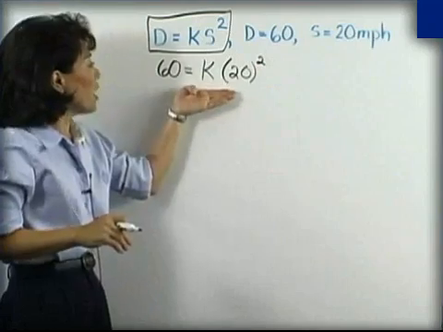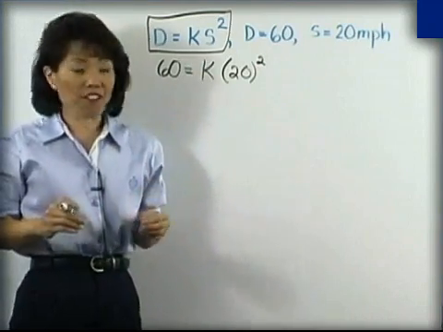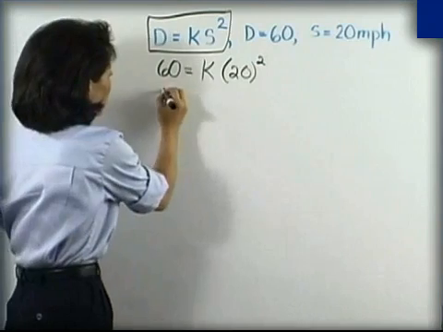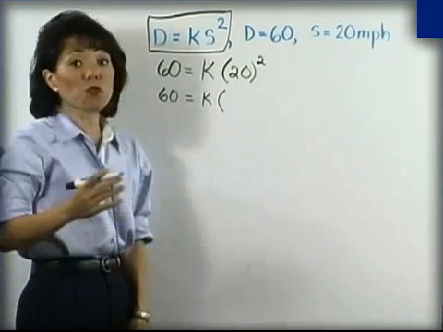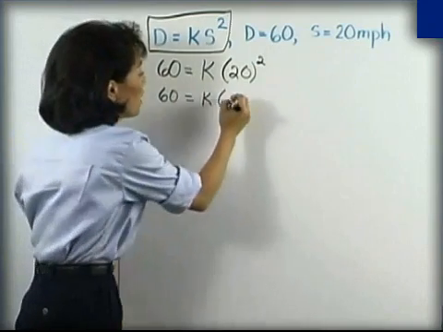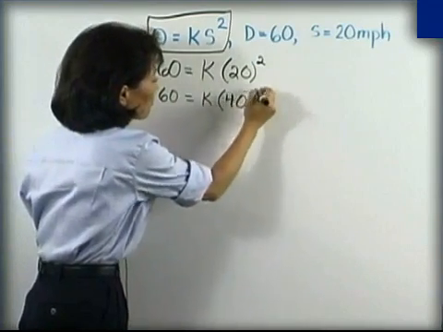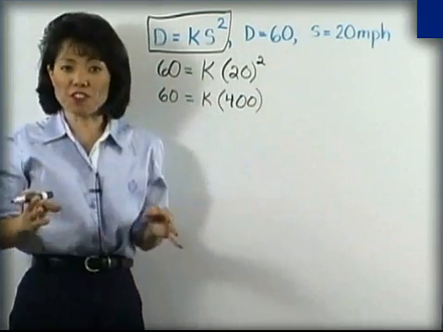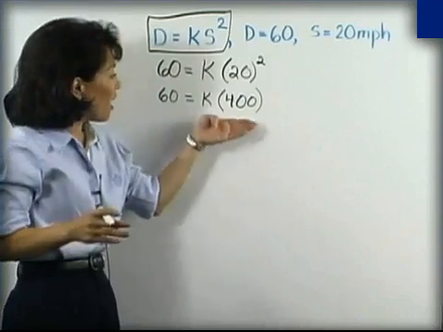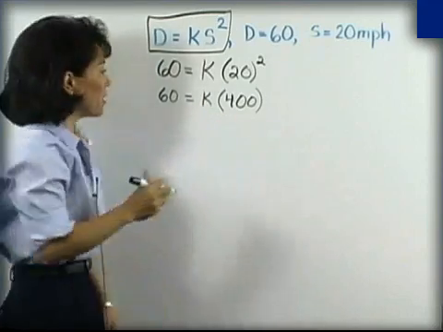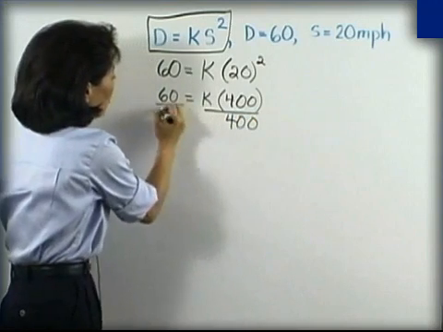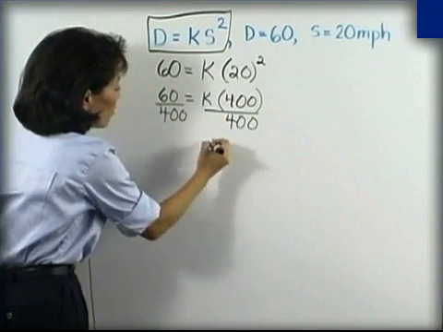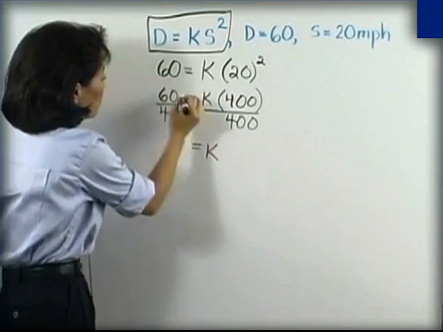Now that we have this equation, we can easily solve for k. 60 is equal to k times 20 squared, or 20 times 20, which is 400. Remember, our goal is to solve for k, so we're going to divide both sides by 400. When we do, k is equal to 60 over 400.